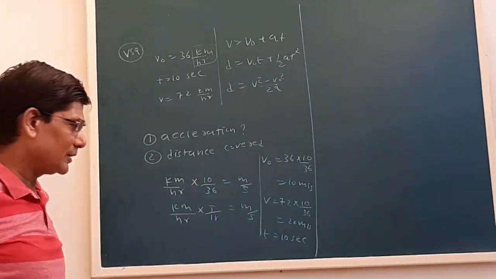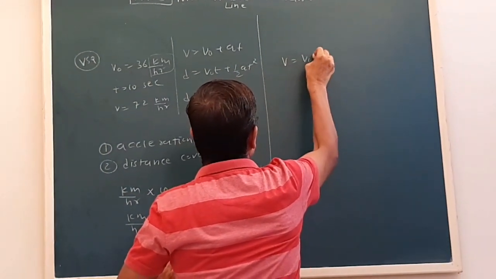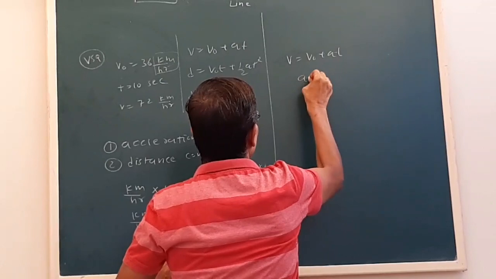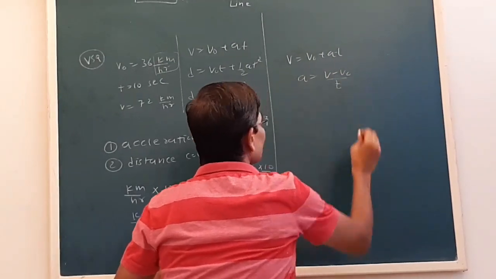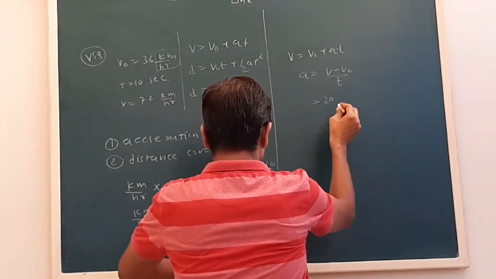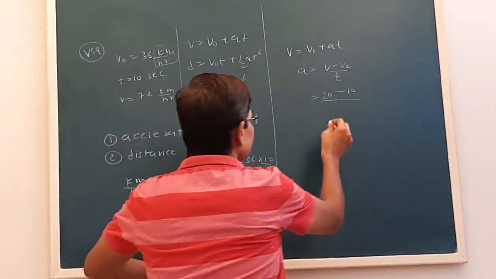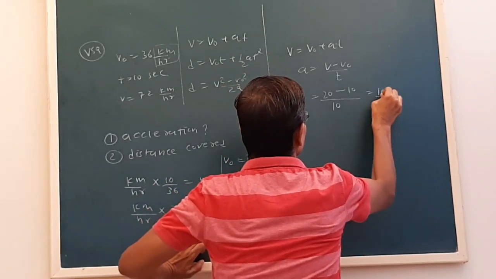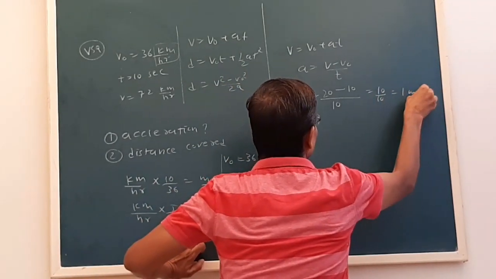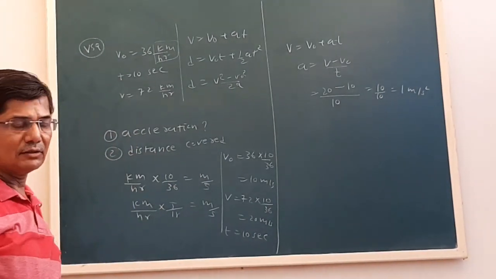First we have to find out the acceleration. From the equation v is equal to v0 plus at, a is v minus v0 upon t. The final velocity is 20, the initial velocity is 10, and the time given is 10 seconds. So a is 1 meter per second square. This is our first answer: the acceleration of the car.